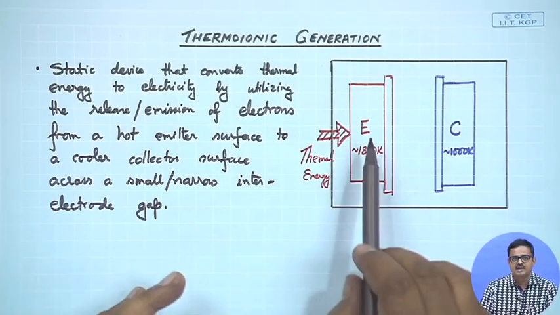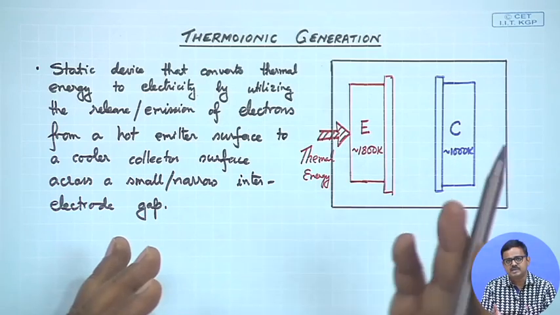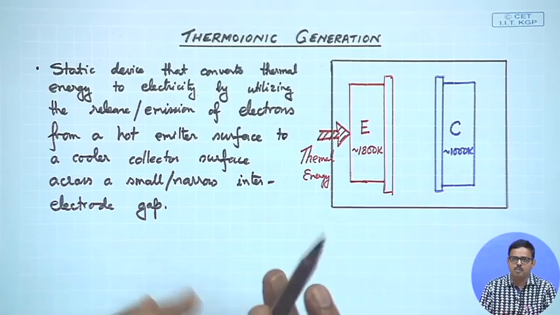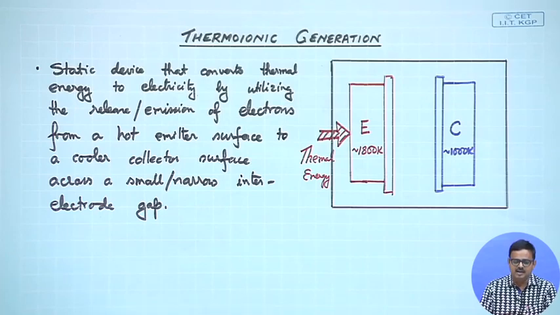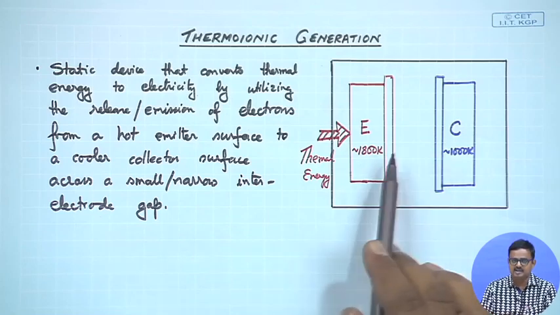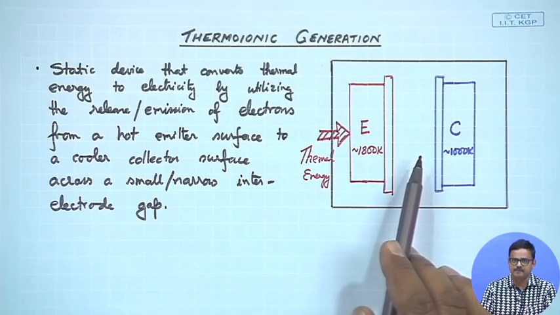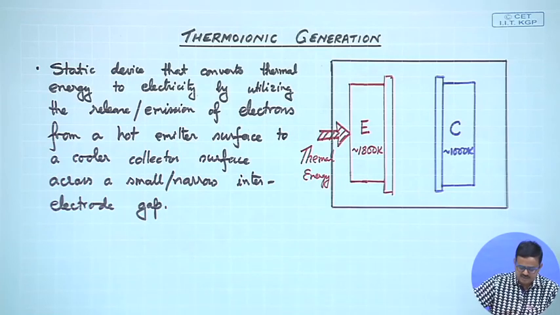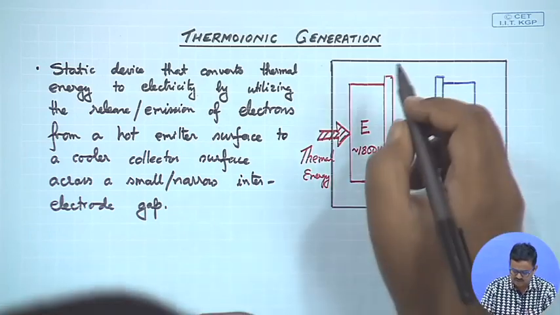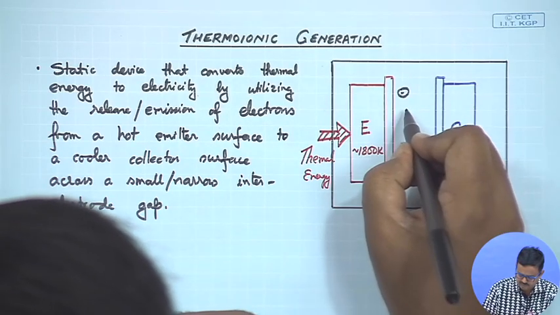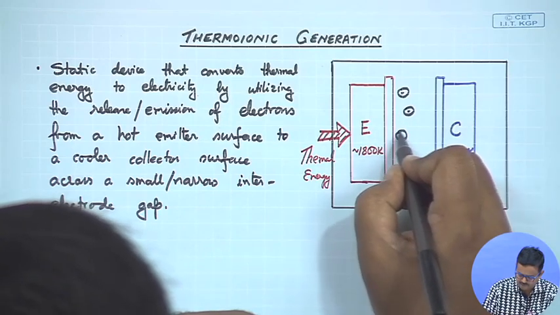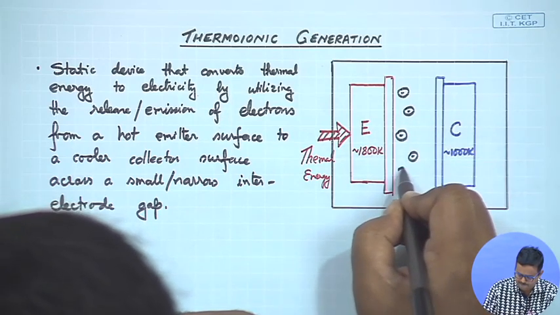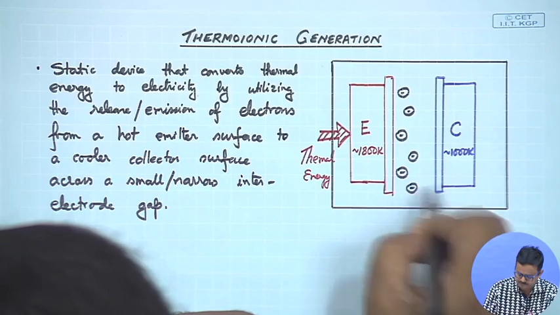As the temperature of this surface keeps increasing, it reaches a point where electrons become free from the solid surface, they are detached from the surface and they start moving. Let me draw a bunch of electrons here, and so on.